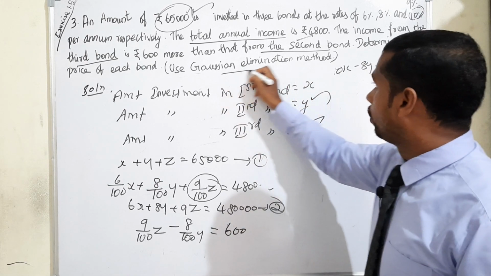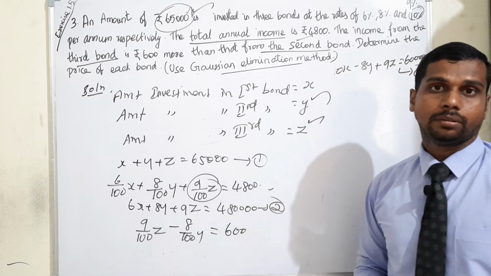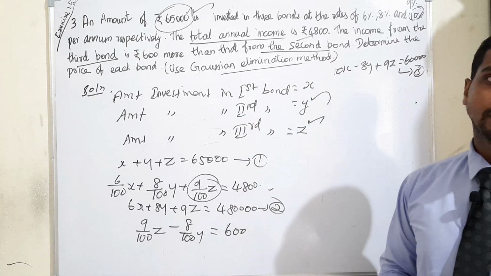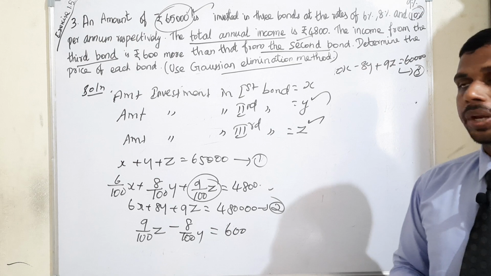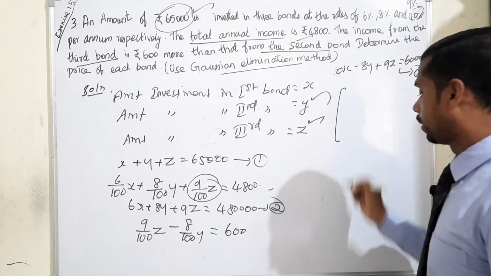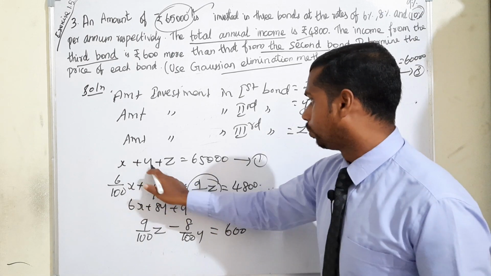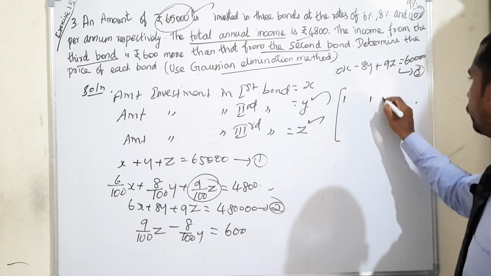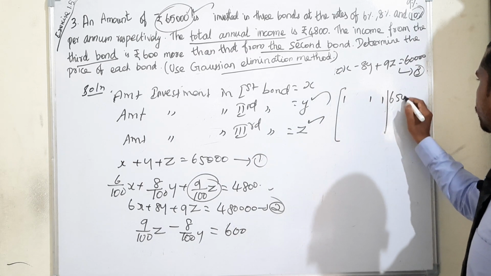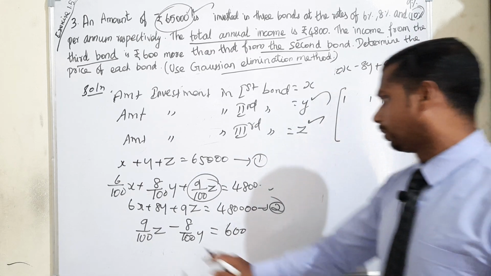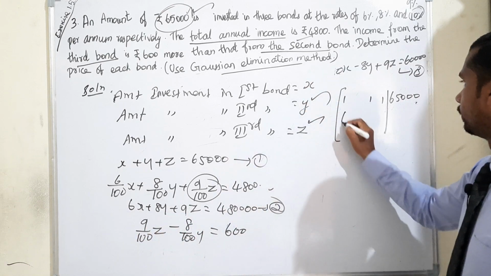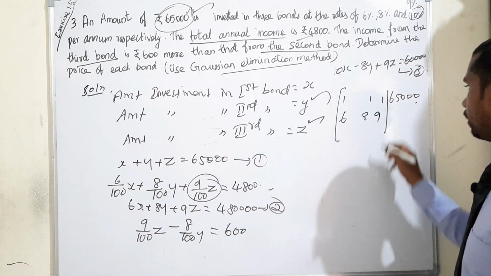What we have to apply? Gaussian elimination method. What is the meaning of the Gaussian elimination method? Augmented matrix to reduce to row echelon form. So first consider the augmented form: 1 1 1, 65,000. Second one 6 8 9, 480,000.